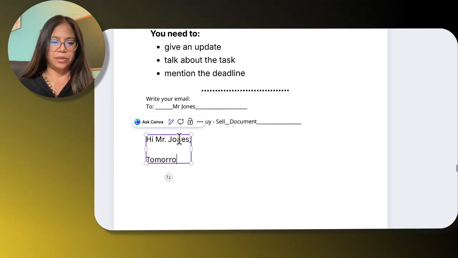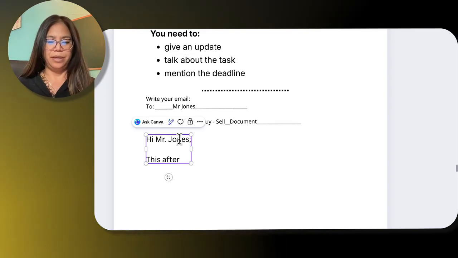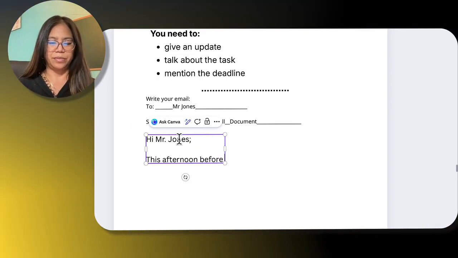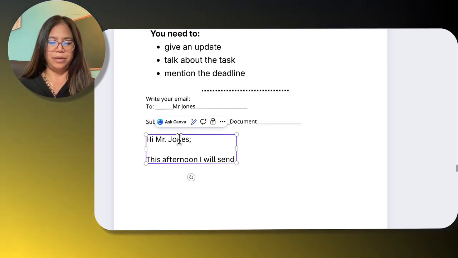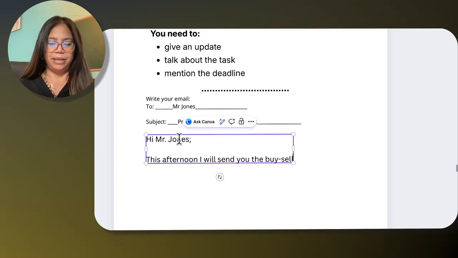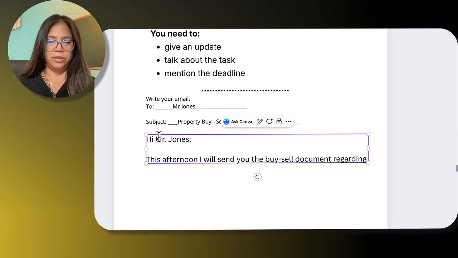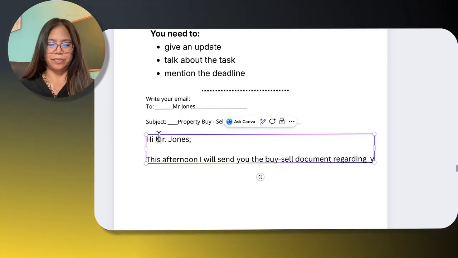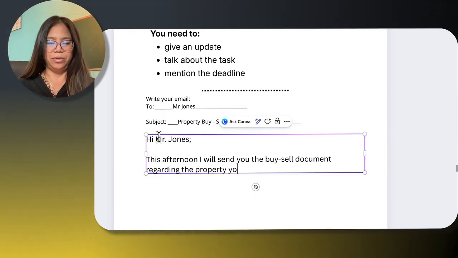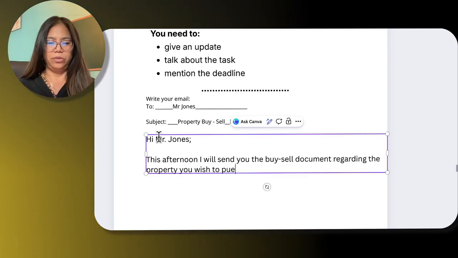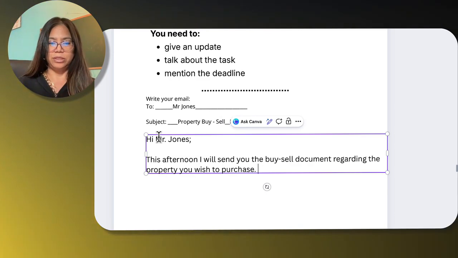Tomorrow. No, let's see. This afternoon, I will send you the buy-sell document regarding the property you wish to purchase, because instead of buy, use purchase. You wish to purchase.